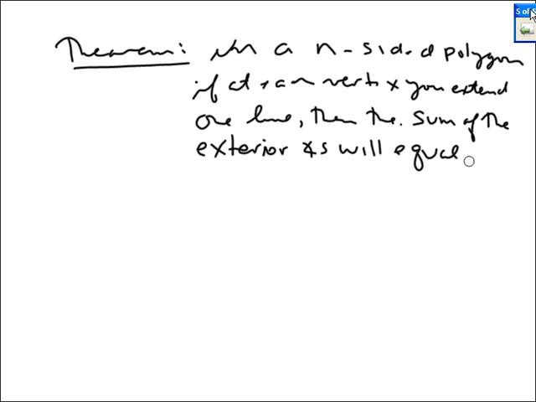A circle. The same degrees as in a circle. 360 degrees. It's amazing that that happens. Okay.